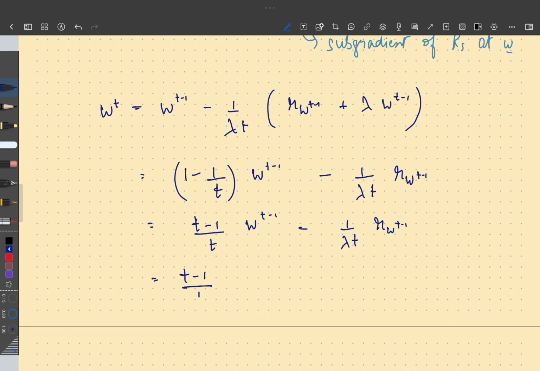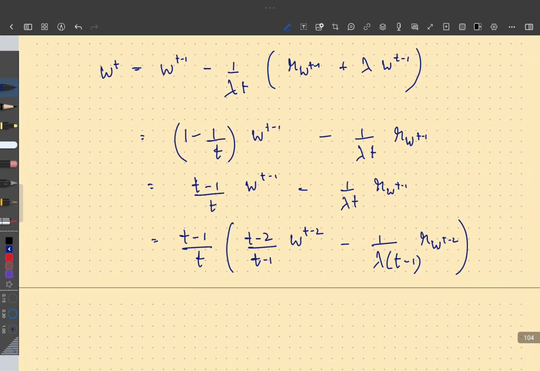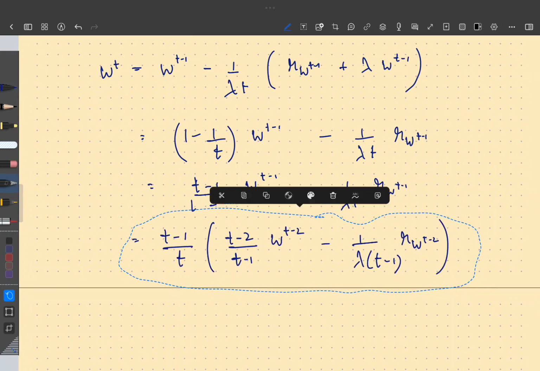Right, so this is (t-1)/t times w_{t-1}, which is (t-2)/(t-1) w_{t-2} minus 1/(lambda (t-1)) r(w_{t-2}), minus 1/(lambda t) r(w_{t-1}).